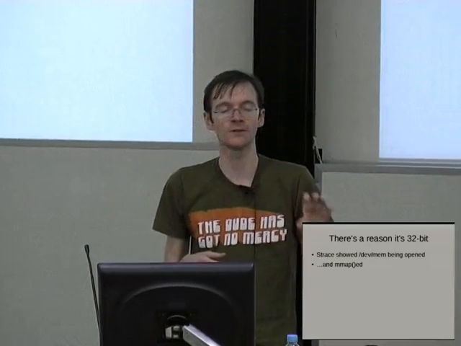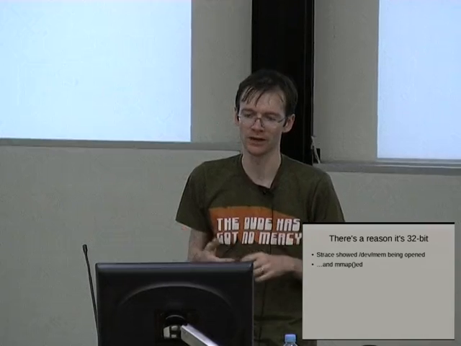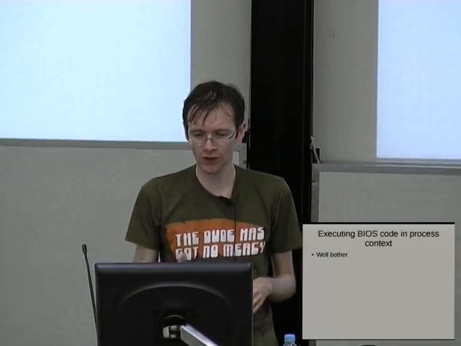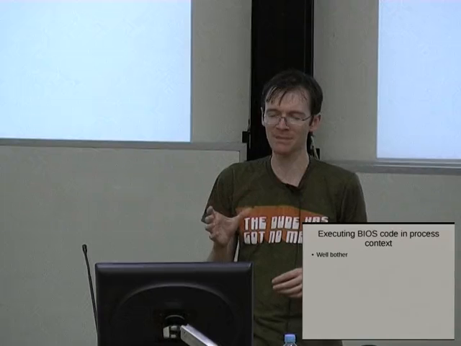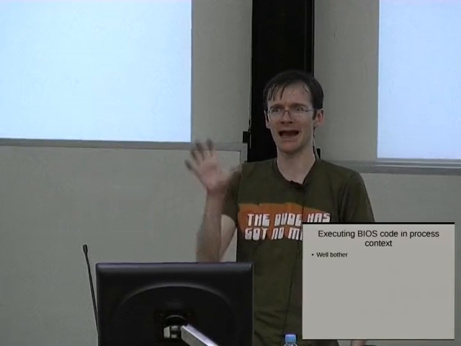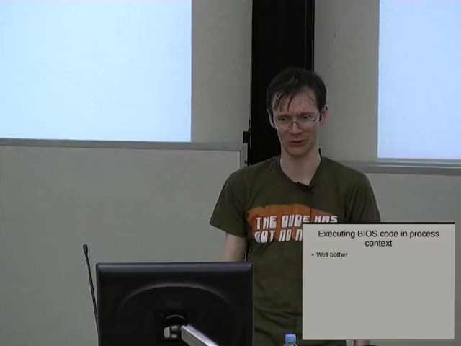So it was opening /dev/mem, and then it was mmapping a chunk of physical memory into its own address space. And when I looked at the address it was mapping, it was, in fact, part of the firmware. So this system was mapping the BIOS into its own address space and then executing BIOS code.